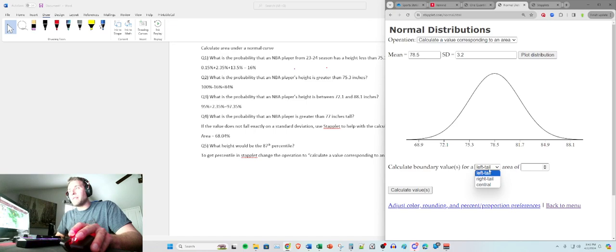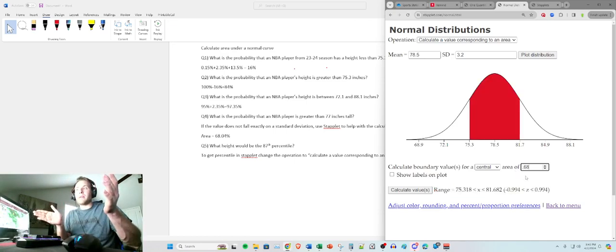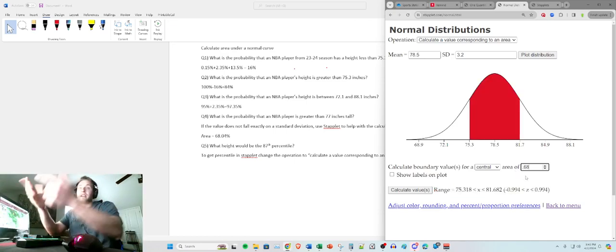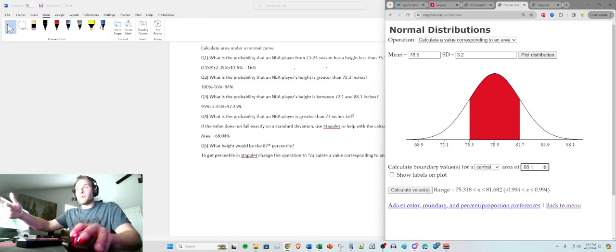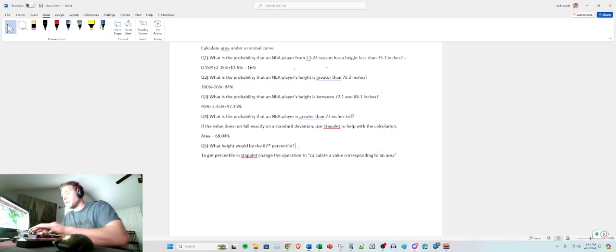On here we have left tail, right tail, and then central, which is like, if I put 0.68, it gives me the middle 68%, that's the 68% rule. So we don't want central. In this case, a percentile is a left tail. So maybe you want to write that down in your notes: left tail.